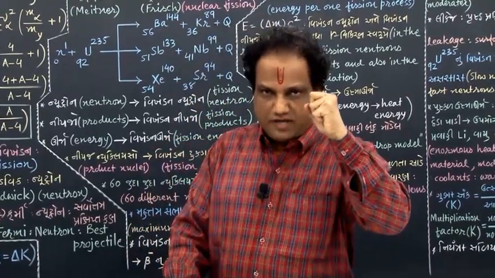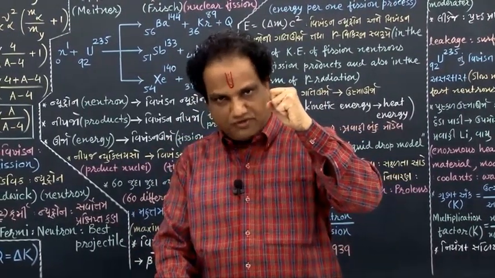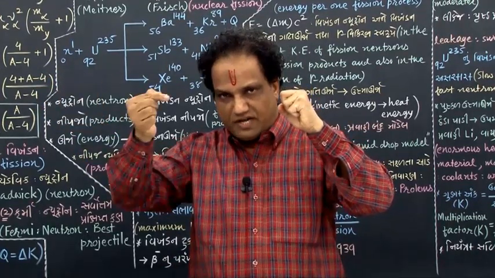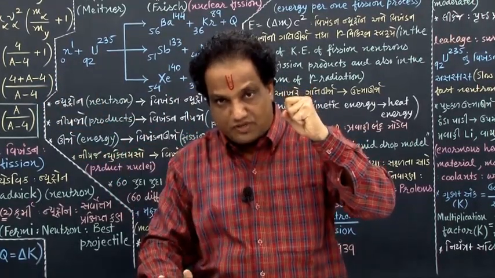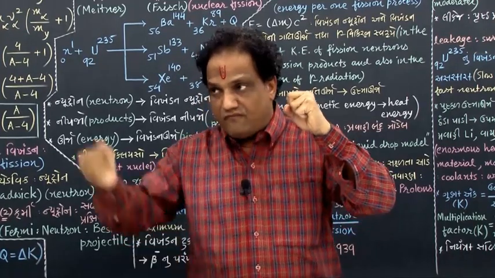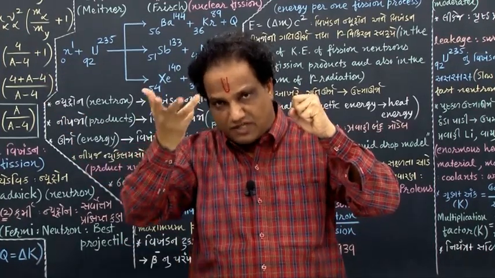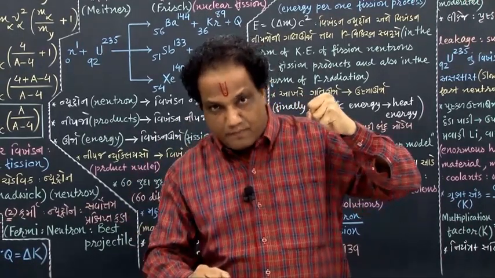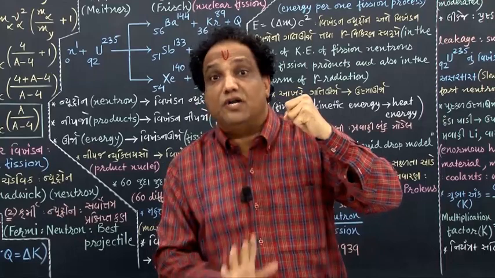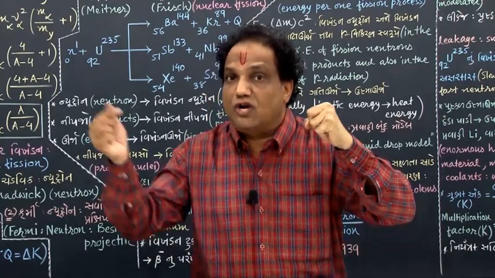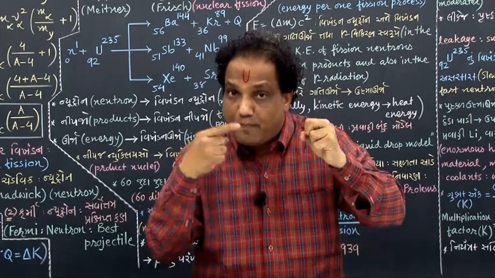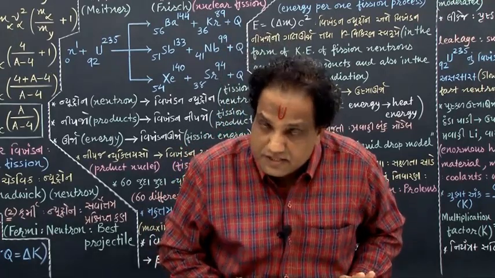Suppose you have a nucleus which always has positive charge, and suppose the incident projected particle also has positive charge. Then naturally it will have to overcome the repulsive force provided by the nucleus. So it cannot go much closer to the nucleus, correct? It cannot penetrate the nucleus.